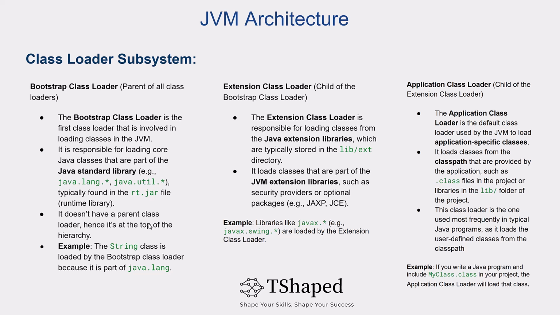So basically, during class loading, three important stages are there. Number one is loading. Loading is again subdivided into three parts: bootstrap class loader, extension class loader, application class loader. In these three stages, all your Java code will be loaded into the JVM's ecosystem. And how it is loaded is what we have seen here.